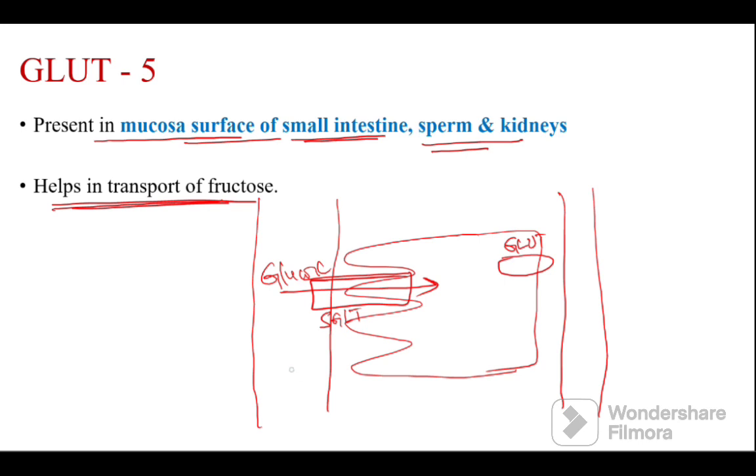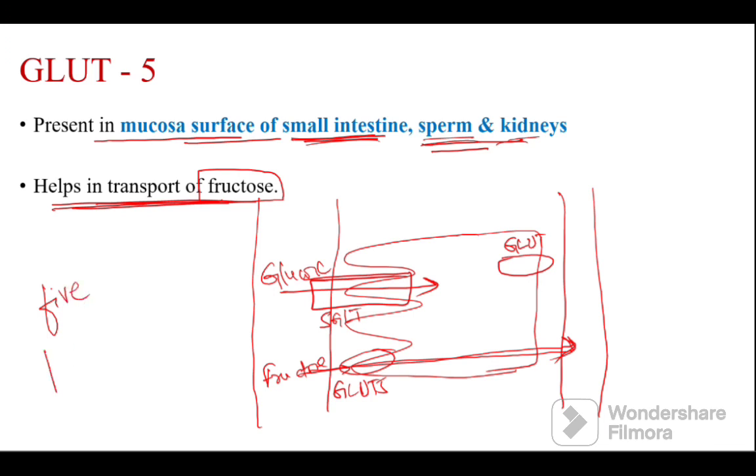But for fructose, there will be GLUT5. So directly there will be GLUT5 present, which helps in the fructose absorption. So in the mucosal surface of the small intestine, in the sperm and in the kidneys, there is GLUT5 which helps in the transport of fructose.